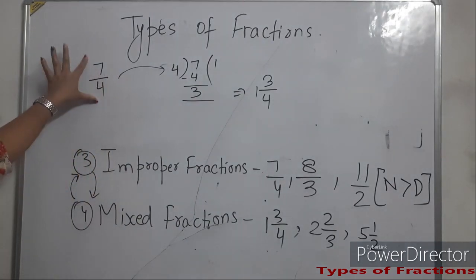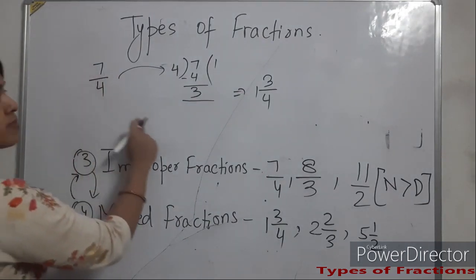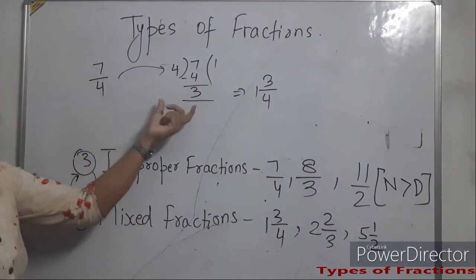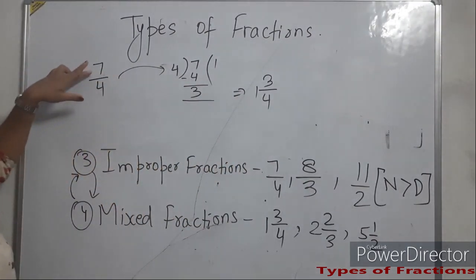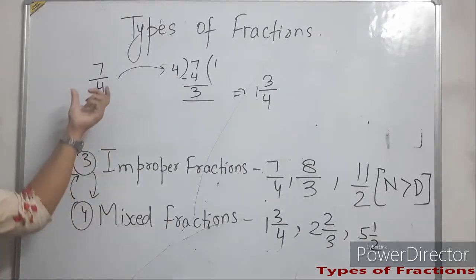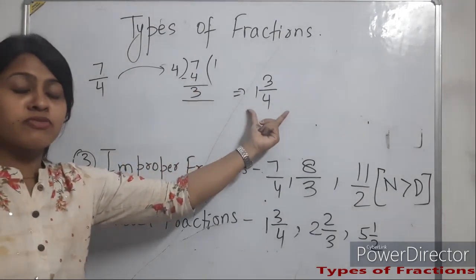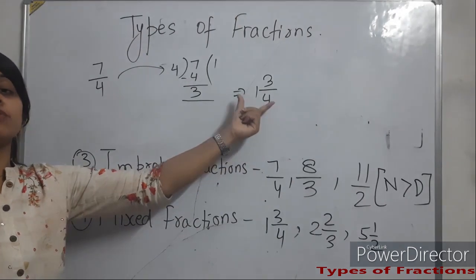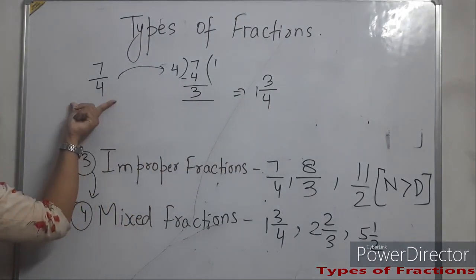So this improper fraction has been converted into a mixed fraction by just dividing the digit 7 by digit 4. Now again, as I told you earlier, we can convert improper into mixed fraction, and we can also convert mixed fraction into improper fraction.